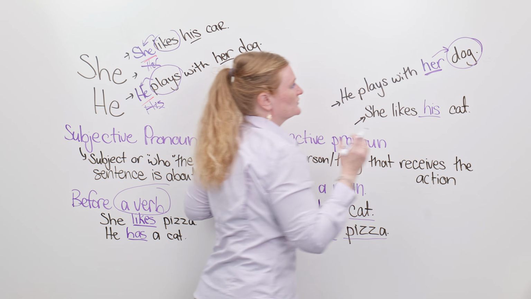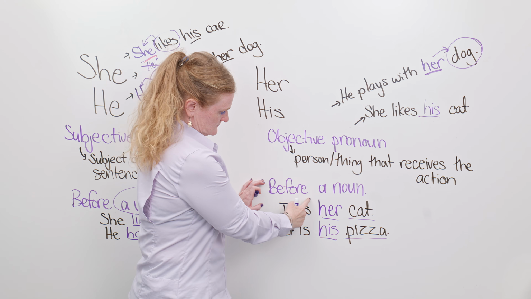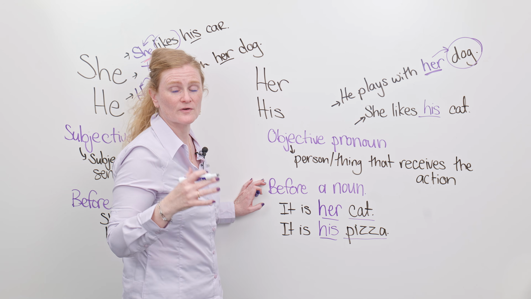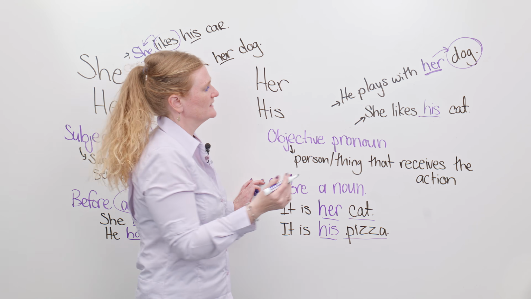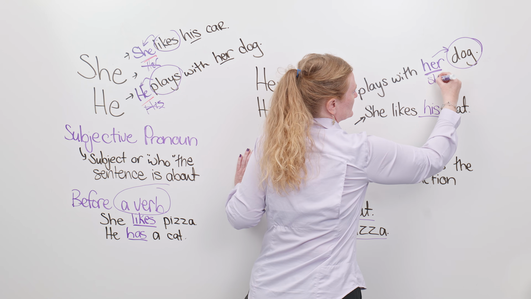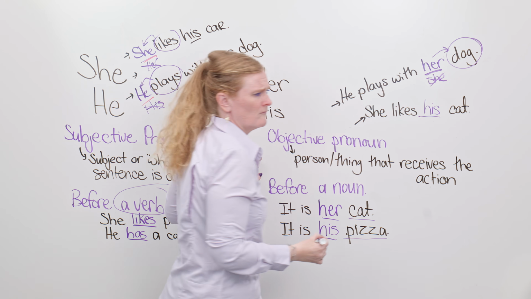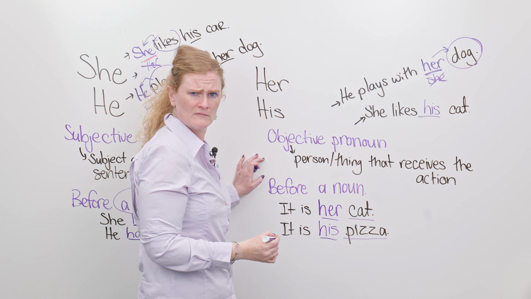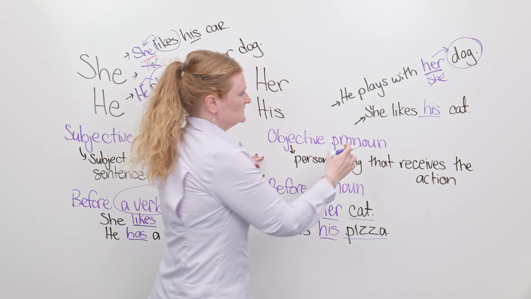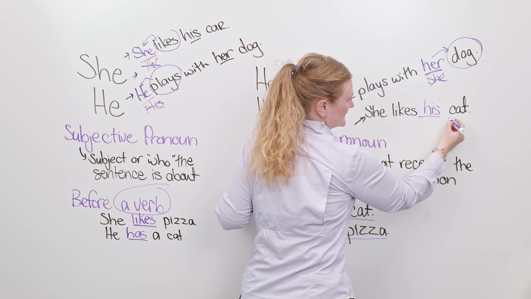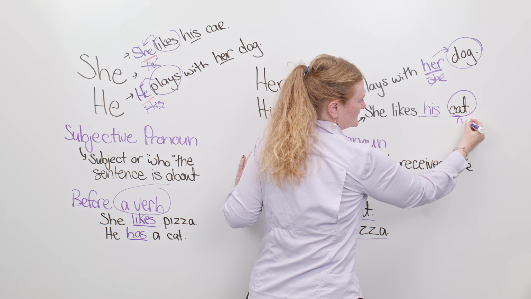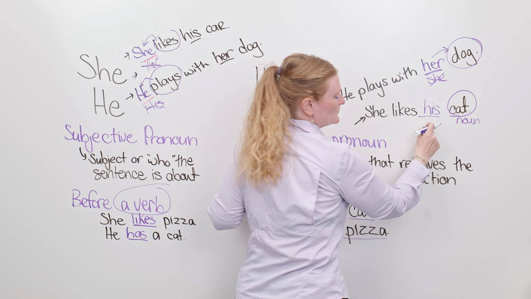Why? Because her comes before a noun. Okay? I can't say "he plays with she dog." That's just weird and wrong. "She likes his cat." Again, because cat is a noun, we can't put a subject here.